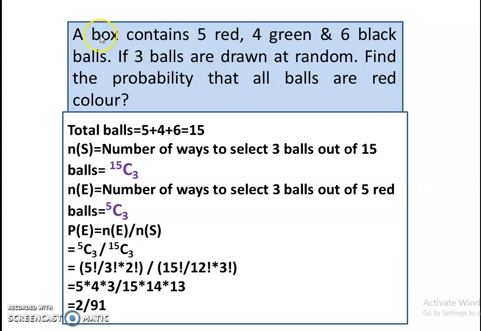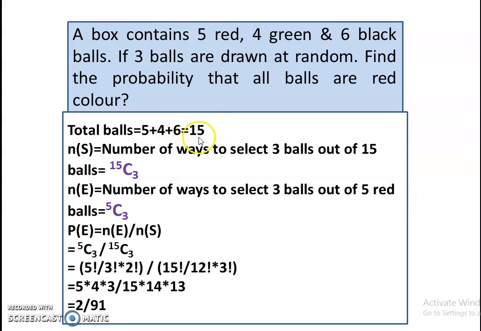Next question is: a box contains 5 red, 4 green, 6 black balls. If 3 balls are drawn at random, find the probability that all balls are red color. So here the event is getting all balls red. Here we are taking 3 balls. Total balls are 5 plus 4 plus 6, and that is 15.